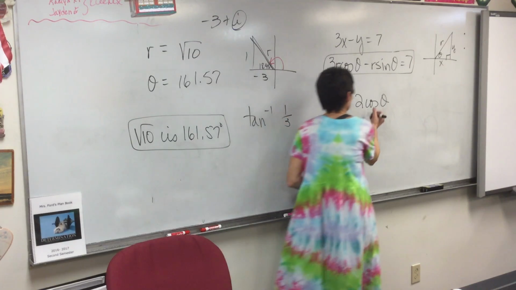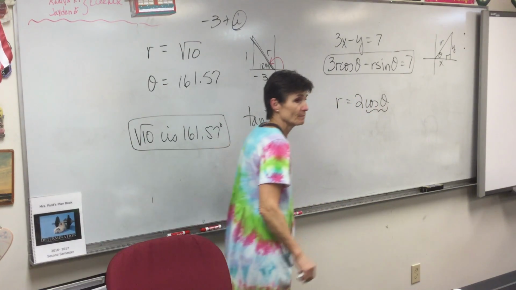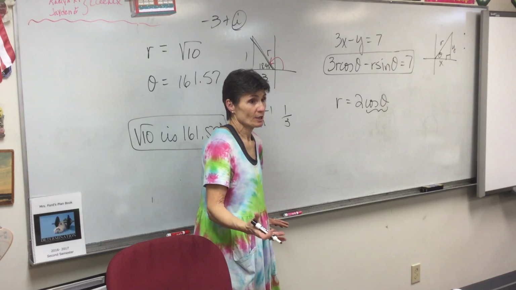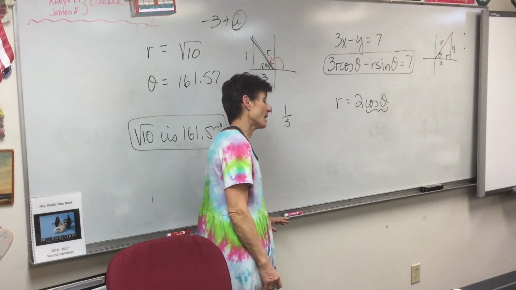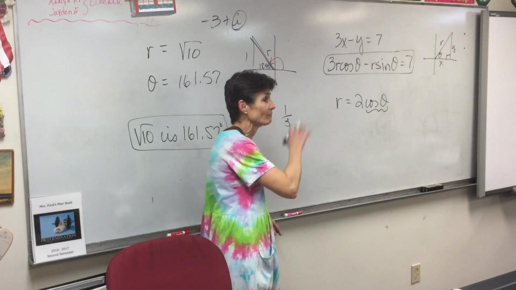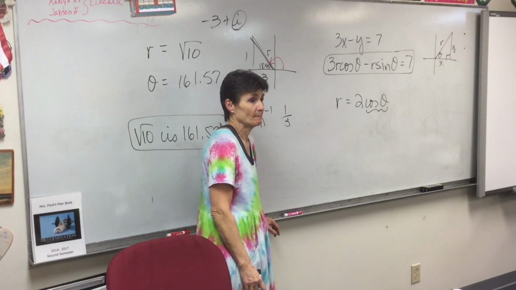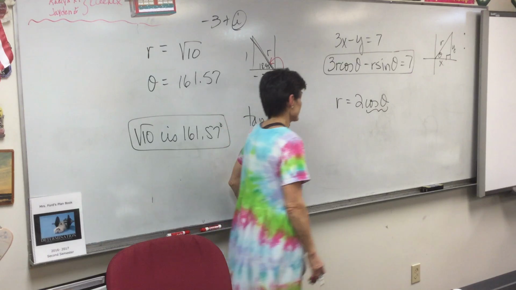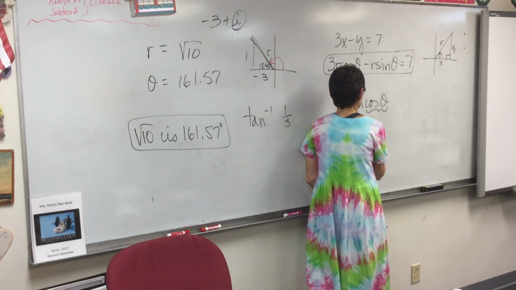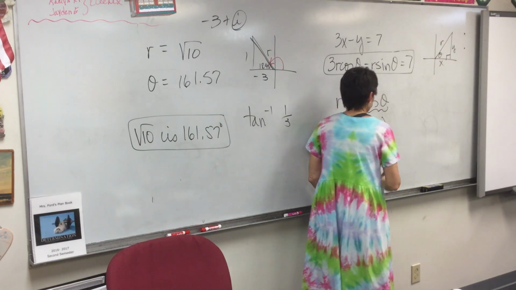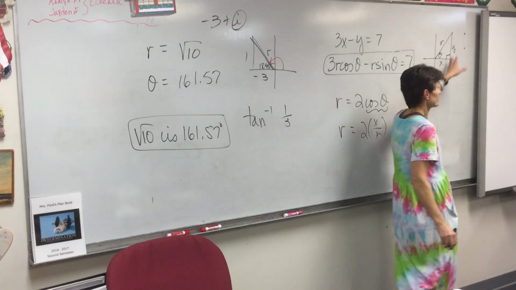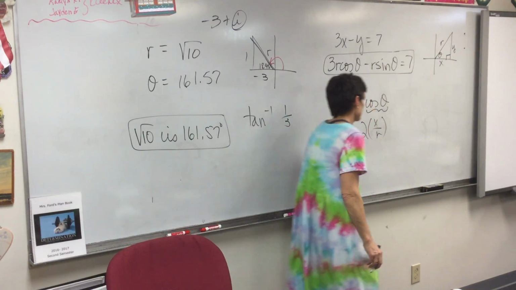So you need to be able to substitute in for whatever the function is in the problem. Whether it's sine, cosine, tangent, secant, whatever it is, you need to be able to replace it. So what's cosine? x over r. Cosine, remember, is adjacent over hypotenuse.